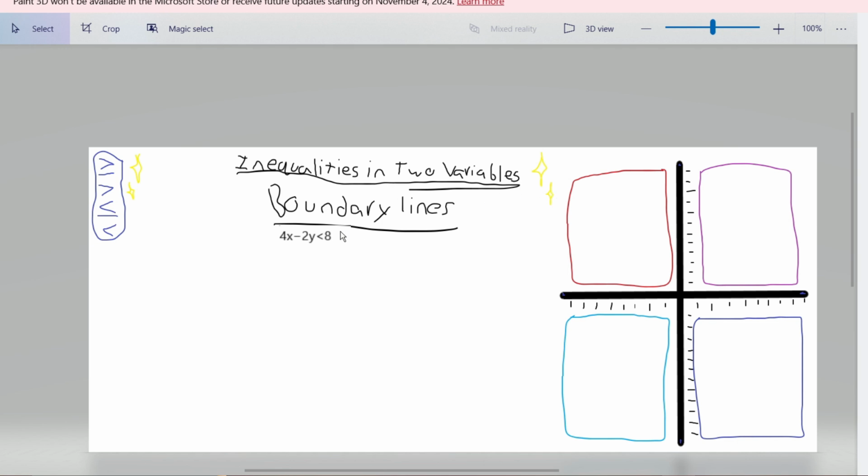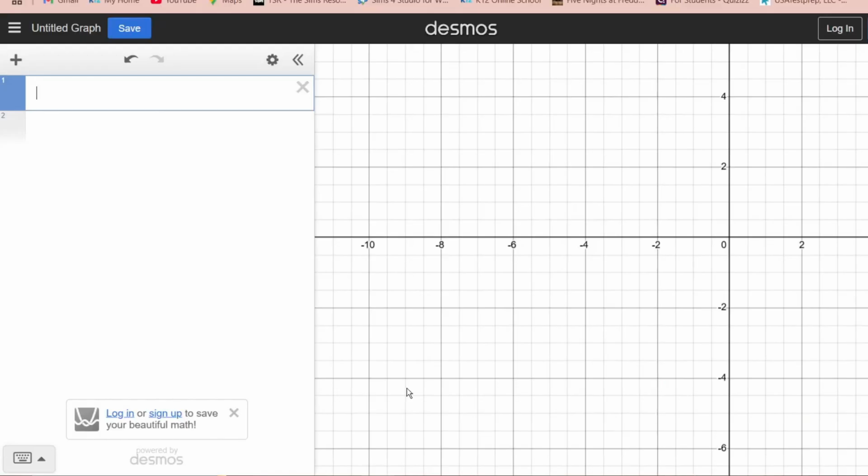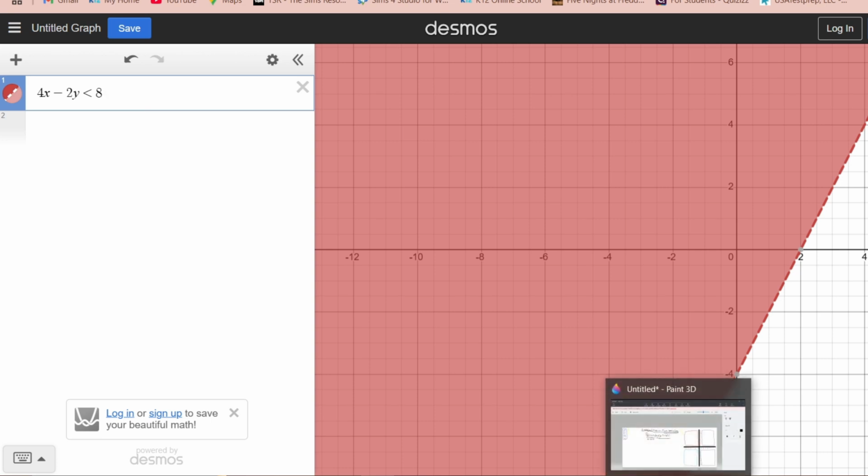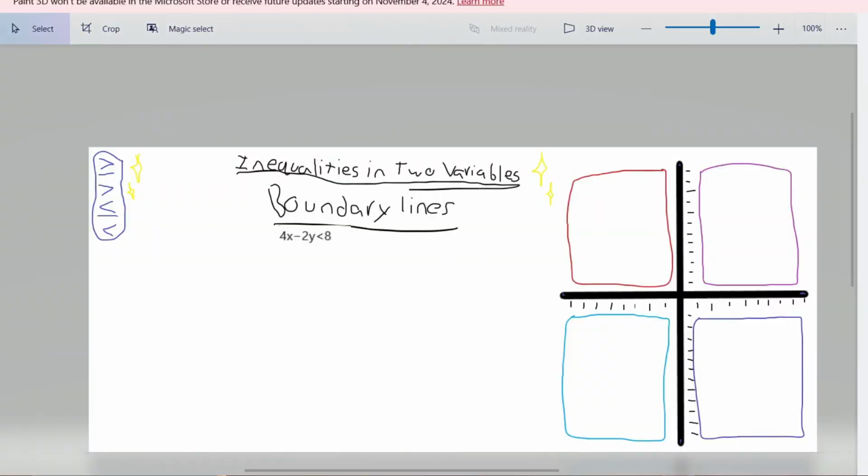Alright, well, we already know it's going to be shaded this way, because our little butt end is that way. And we know it's going to be a dotted line. Look at how much we already know. So we're going to pop this in here. Look at that. We were right. It's shaded this way, and it's a dotted line. That's so cool.